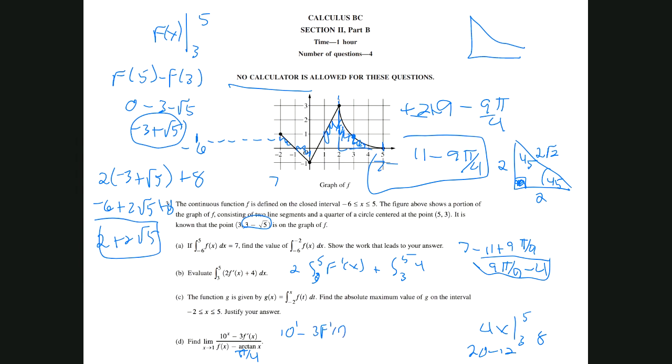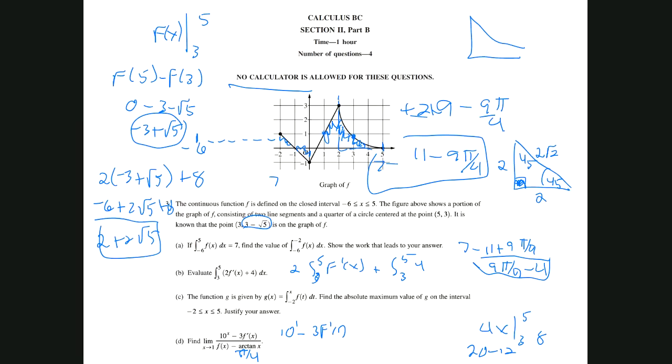Well, what is f prime of 1 in there? Isn't that just 2? Yes. So that's just 10 minus 3 times 2, which is 10 minus 6. Top is 4. And then f of 1, is that just 1? So on the bottom, I just ended up with 1 minus pi over 4. That was my answer for that one.